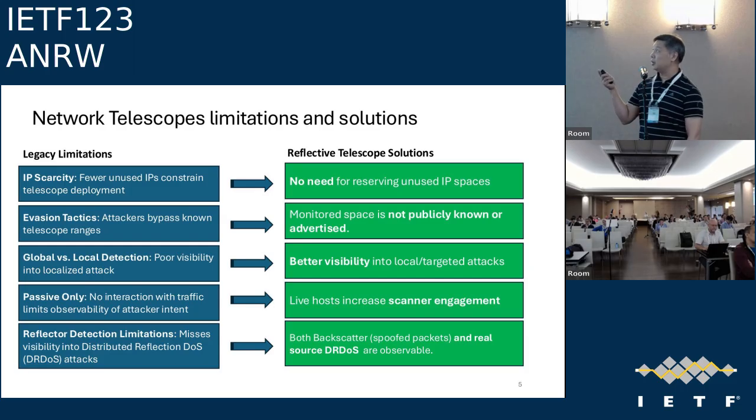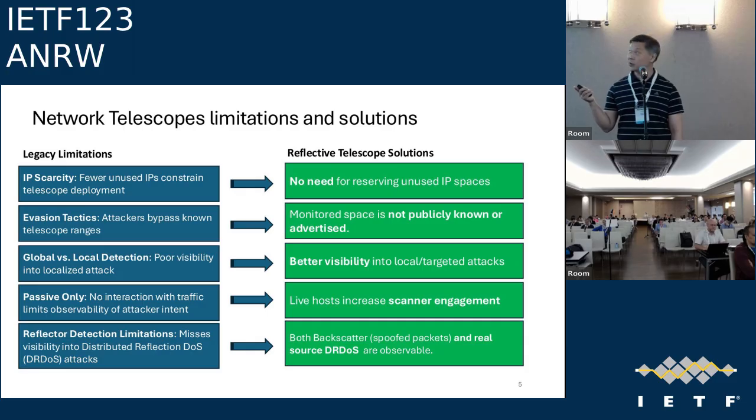So actually, the refractive telescope solves some of the limitations of the traditional telescope, because there's no need to have dedicated IP addresses. It is on an active network. And also, there's no need to advertise which address space we are monitoring, so there are no hints for the attacker.